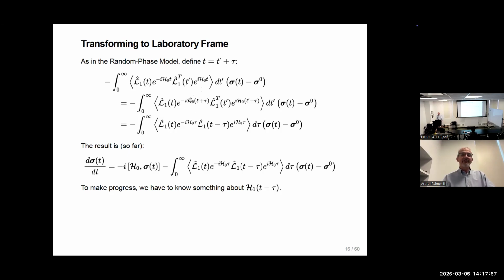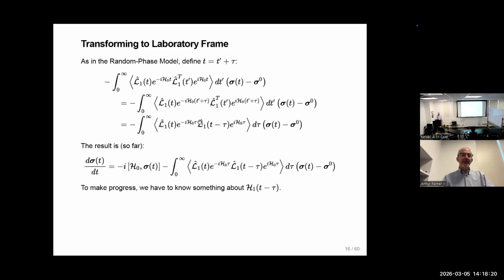And now the bits here that depend on t prime do have the same time variable as t prime. So I can transform the t prime parts back to the lab frame and then replace t prime by t minus tau.